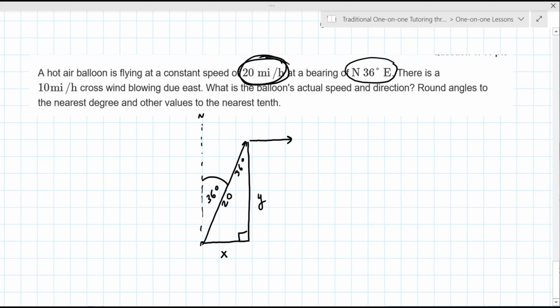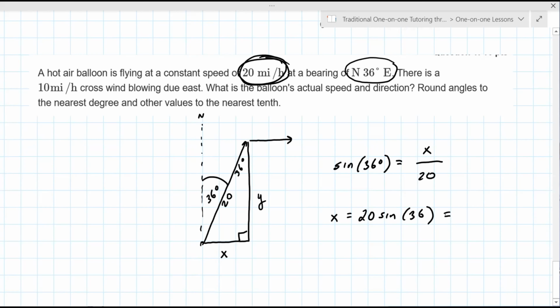So this one's a little bit different because the angle's up here now. But if you do the sine of 36 degrees, sine is opposite over hypotenuse. What side is opposite to 36? That is not the hypotenuse. X. X over 20. So X is equal to 20 sine 36. Okay.